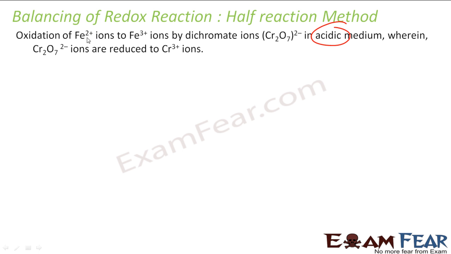The first one says that Fe2+ is getting oxidized to Fe3+, and the second reaction says that Cr2O7 2- is getting reduced to Cr3+. Now we have to balance this, and the memory tip we have is split AC.